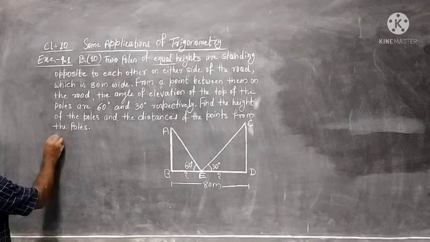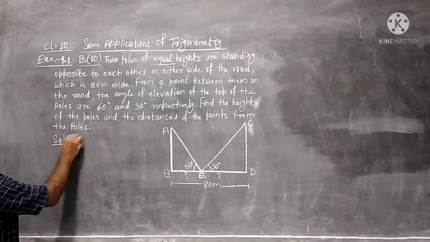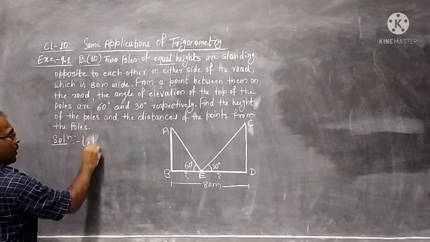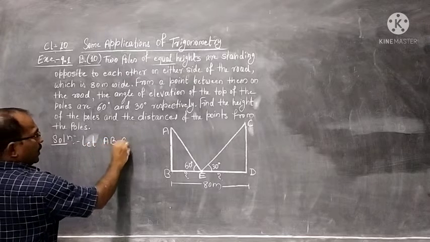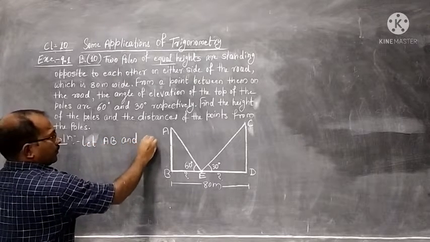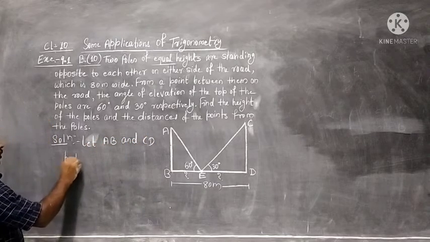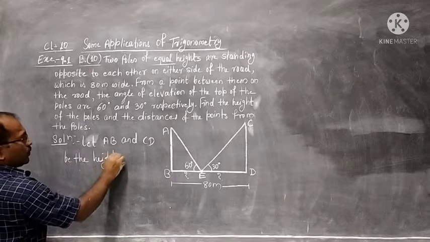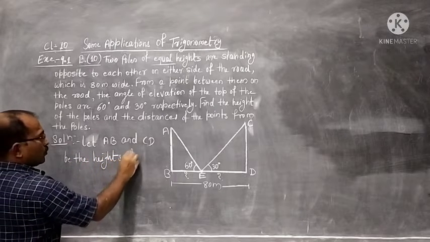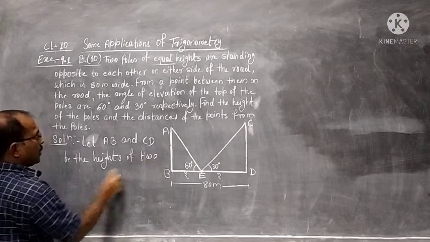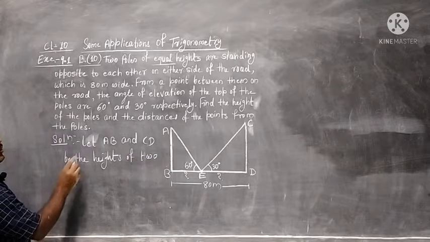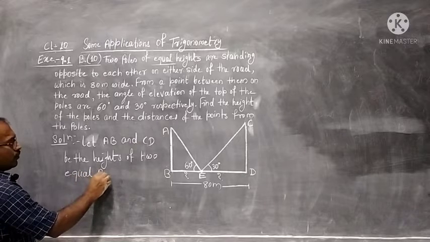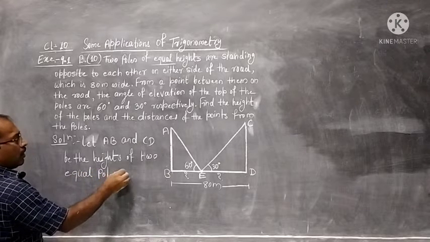Let's start. First of all, let AB and CD be the heights of two equal poles. Very important words: be the heights of two equal poles, which are equal in height.